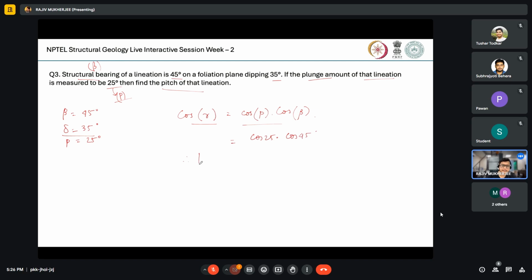So therefore pitch R is equal to cos inverse of cos of 25 degrees multiplied by cos of 45 degrees, right?